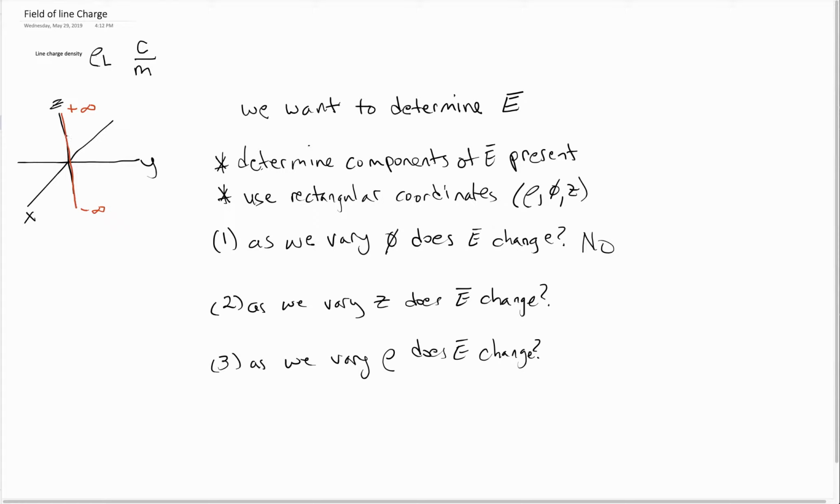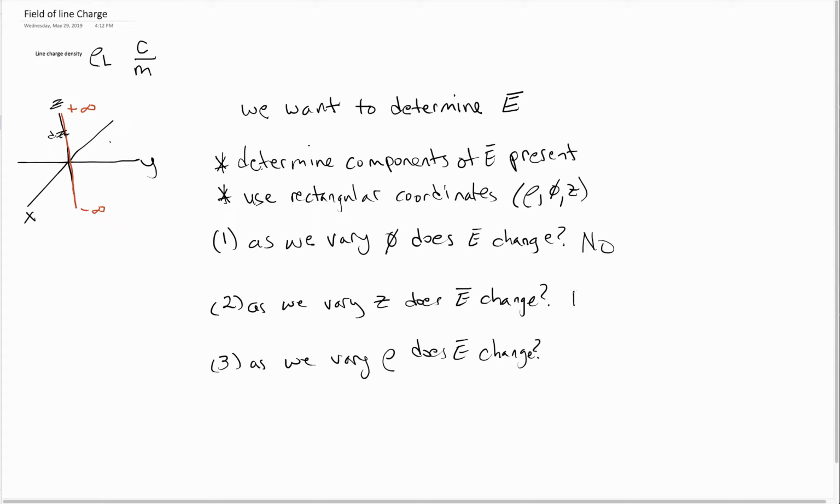And you could think of this as we divide this into some infinitesimal length dz. And so as we vary it around, we could use Coulomb's law. You could say at every point, pretty much the force is going to be the same. And then we do the same thing with z. And z, it doesn't change because if we pick a point here, because it's infinite, the same amount of charge will be above it as it will be below it.